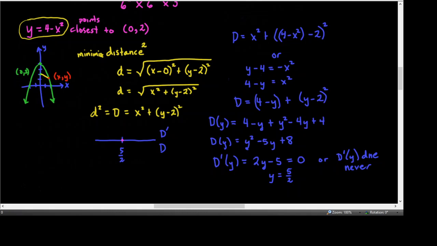Okay, looking at our derivative, if I pick a number to the left of 5/2 like 0, 2 times 0 minus 5 is negative, which means d is, oops, I wrote the wrong thing. I was about to say decreasing and writing increasing. Weird. Don't know where that came from. It's decreasing. And if I pick a number bigger than 5/2 like 10, 2 times 10, 20 minus 5 is positive, and so that means that d would be increasing. And so we have a relative minimum when y is 5/2.